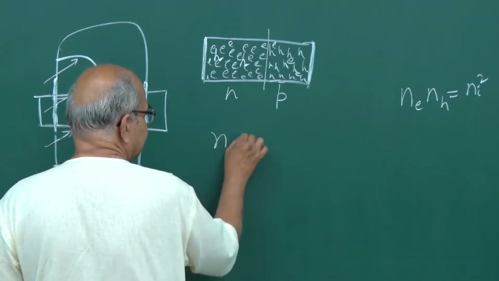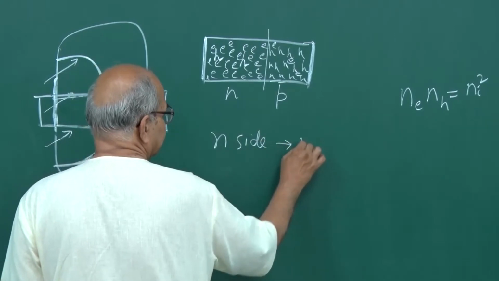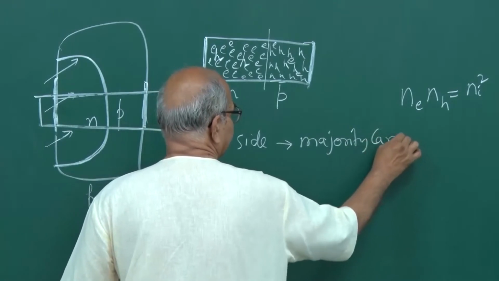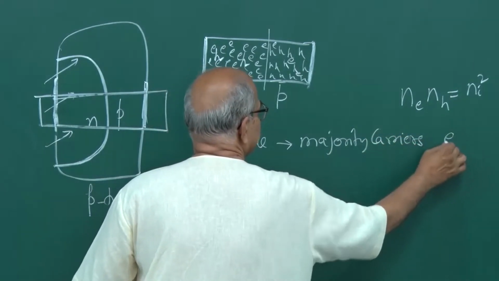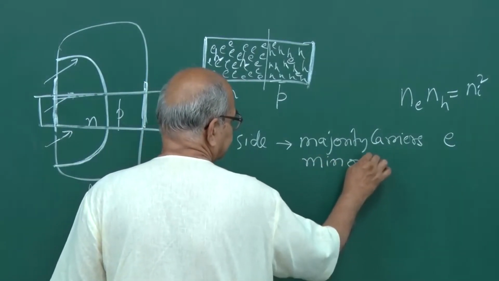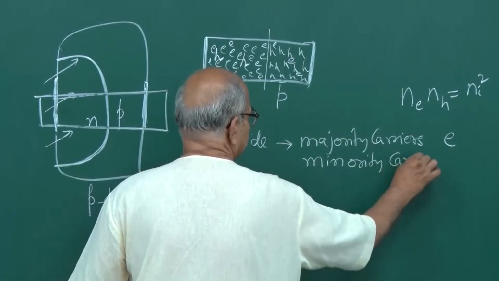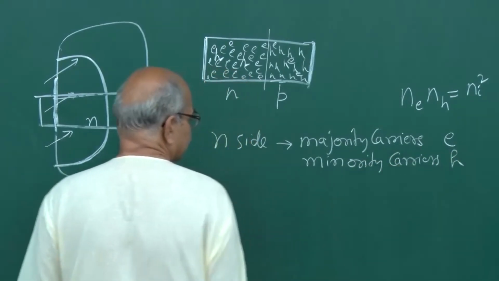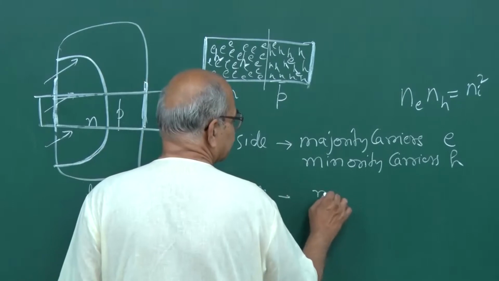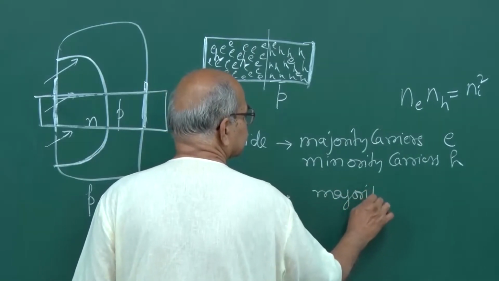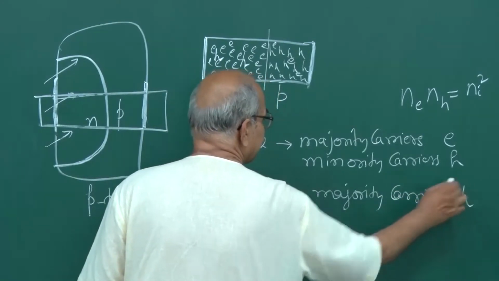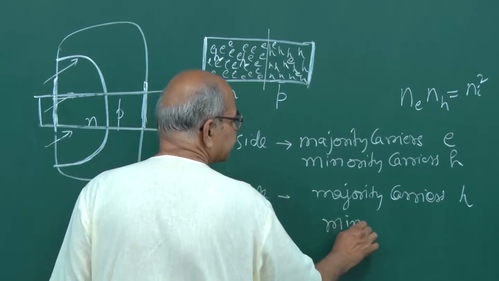So, on the n side, you have majority carriers, that is E, electrons, and minority carriers, that is H. On p side, you will have majority carriers, that will be H, and minority carriers, that will be E.